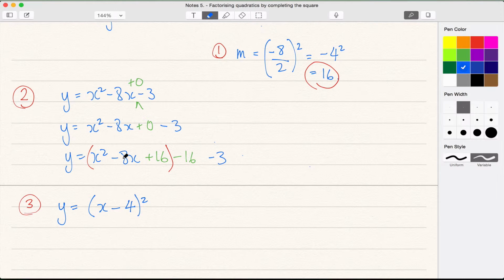And negative 4 minus 4 makes negative 8. So that's this red bit. And then we've got minus 16 take away 3. Which is minus 19.